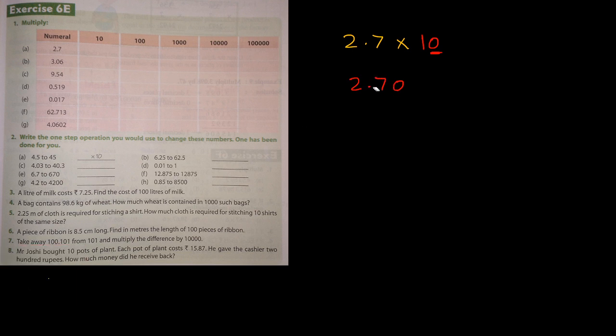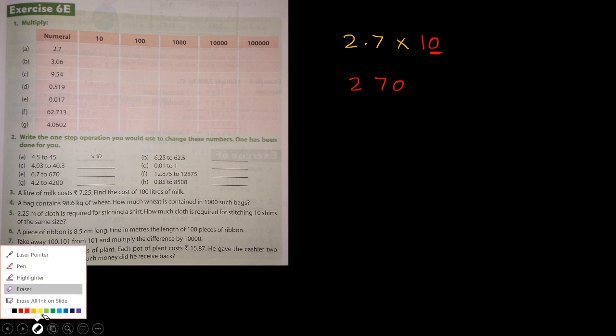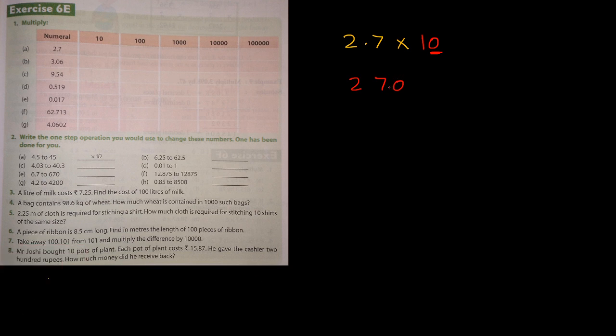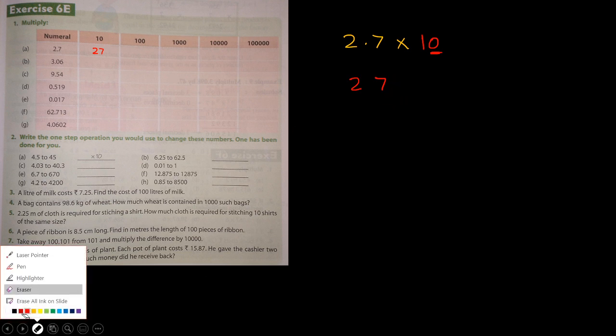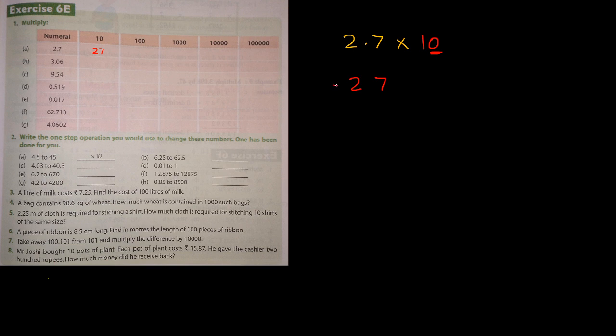So instead of writing the decimal here, you will put the decimal here. It means the decimal will shift one digit right hand side. So your answer is 27, because after the decimal, 0 is not written. So actually your answer is 27. This is your answer.